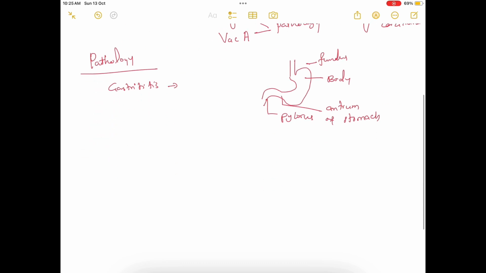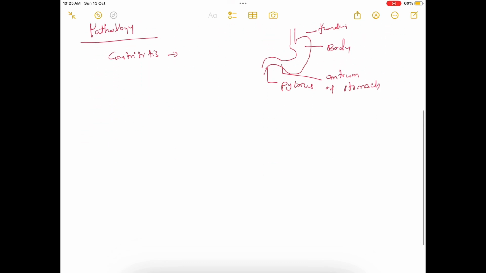So H. pylori typically affects the antrum here. H. pylori affects the antrum of the stomach. So what is there in the antrum is, the antrum contains D cells which secrete somatostatin. So what is it in normal people?